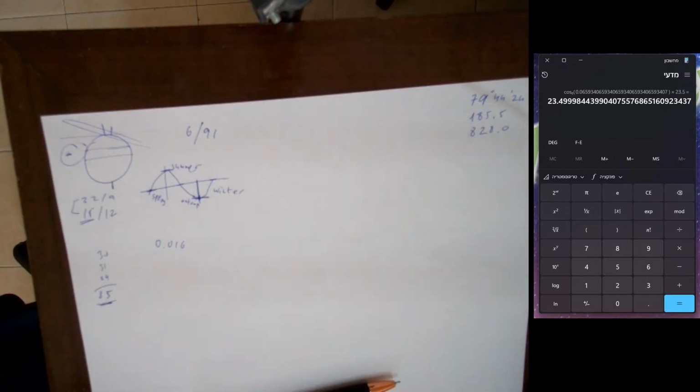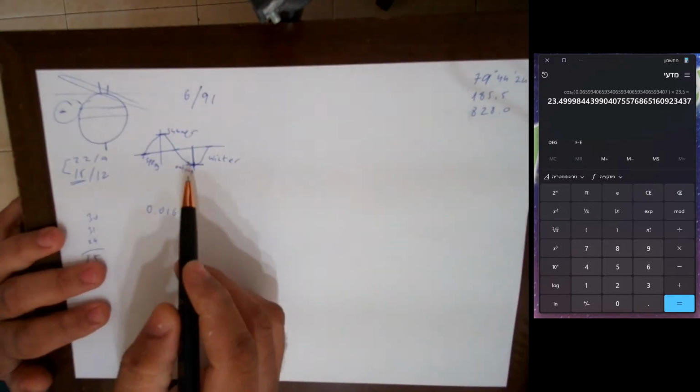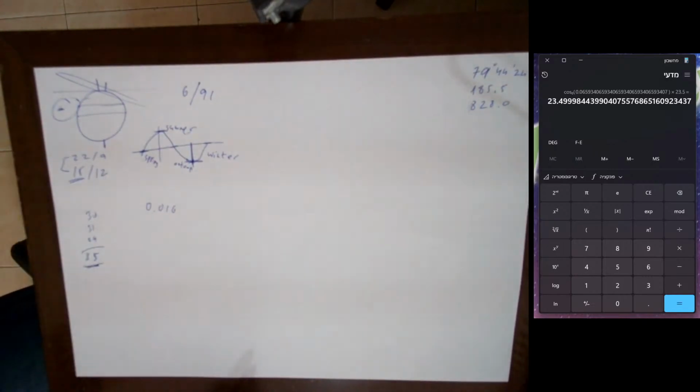It's basically the same number. I don't think I have to do any subtraction, I'll just go on with 23.5 and get on with it. So this was basically irrelevant for what I'm trying to do.